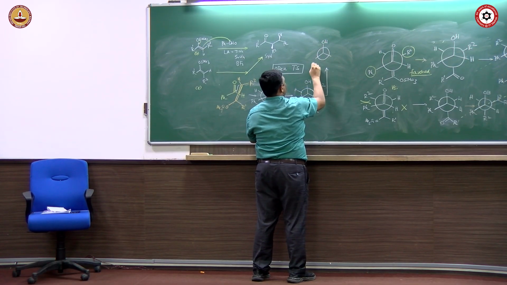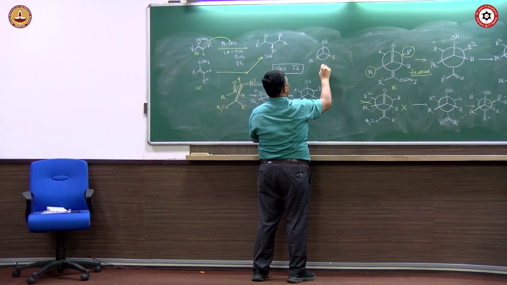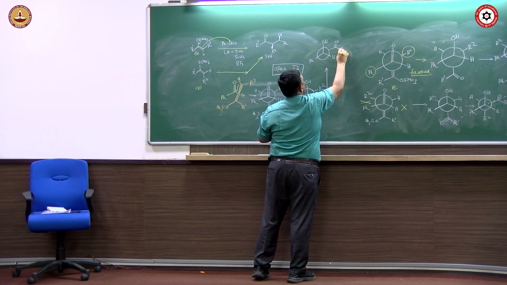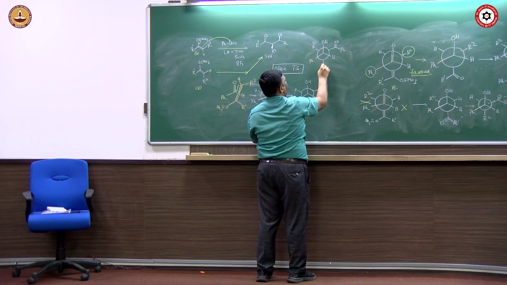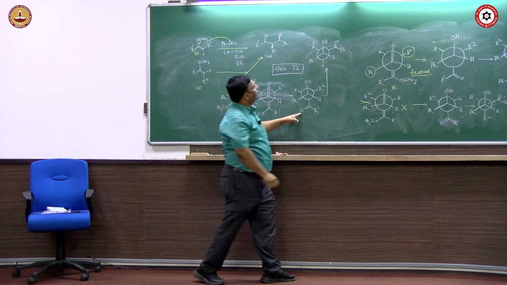So, OH, phenyl, hydrogen. Now this group comes to here, COR1, R2 here and the hydrogen here. Understood? I have rotated that.